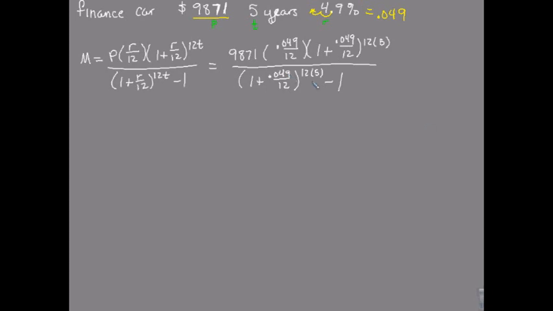Okay, so we're going to divide 0.049 by 12. And that is 0.00408 repeating threes.